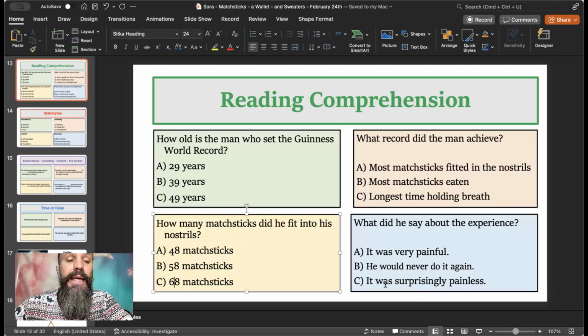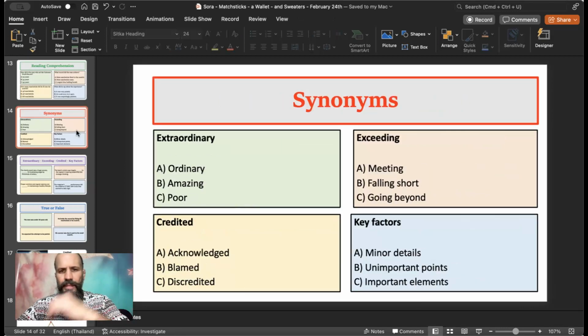What did he say about the experience? It was surprisingly painless. Now I have some synonyms. Extraordinary. The word extraordinary is literally extra ordinary, but we don't say it that way. If you say extraordinary, it doesn't mean so ordinary that it's more ordinary than the most ordinary thing. It's actually above and beyond ordinary, which is amazing.